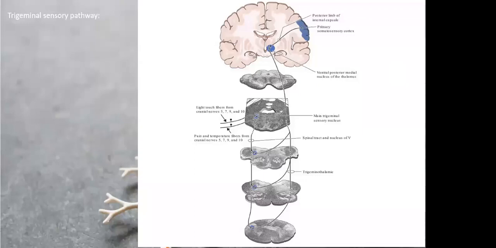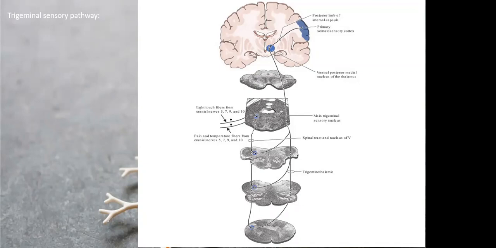Now for the pathway. The pathway of this nerve is similar to that of the sensory pathways we just learned, and they also decussate together with the 5th, 7th, 9th, and 10th cranial nerves from the main trigeminal sensory nucleus.